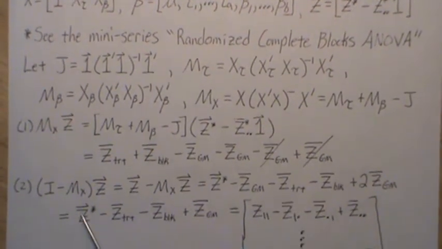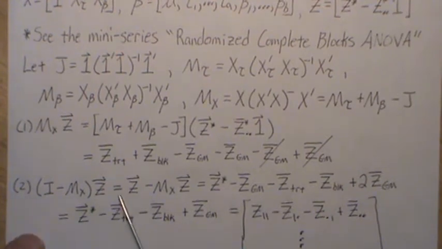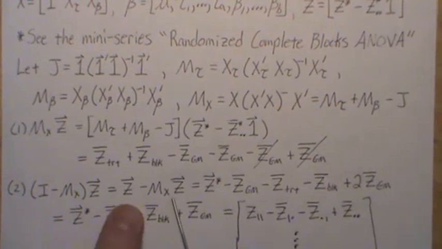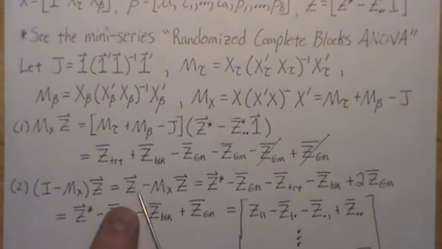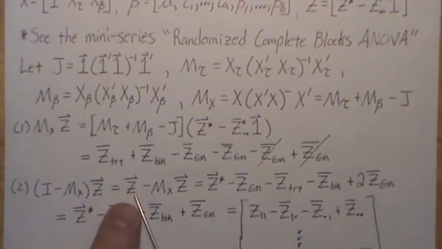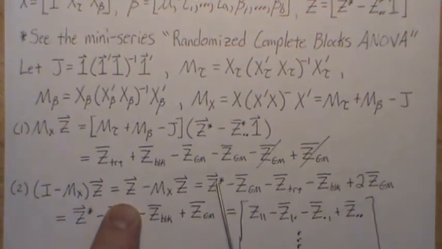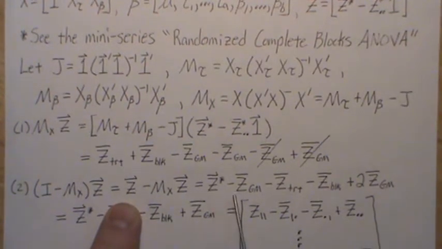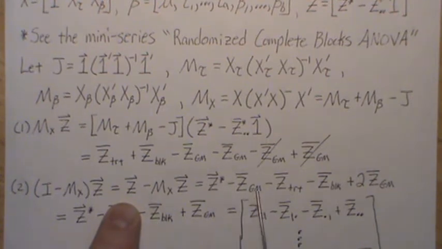Now, (I minus Mx)Z, we take the Z times each of those, and here, remember, it's a centered vector. So we get the original data minus the grand mean vector, because we're subtracting the mean off of each component. That's what this represents.